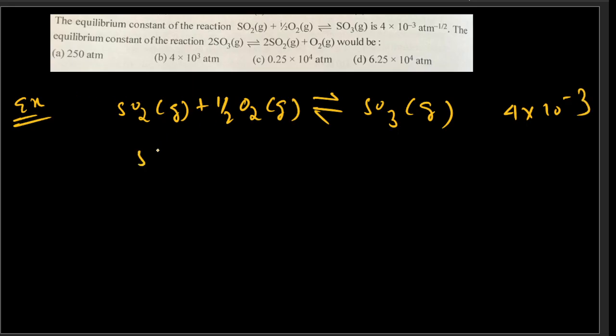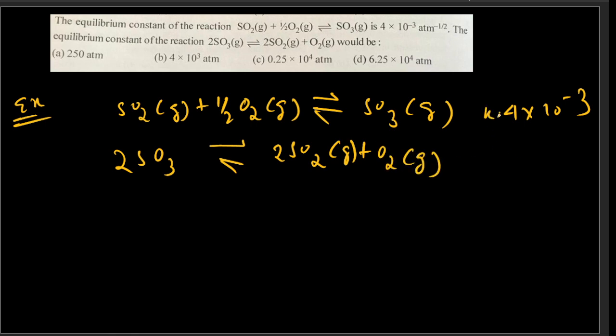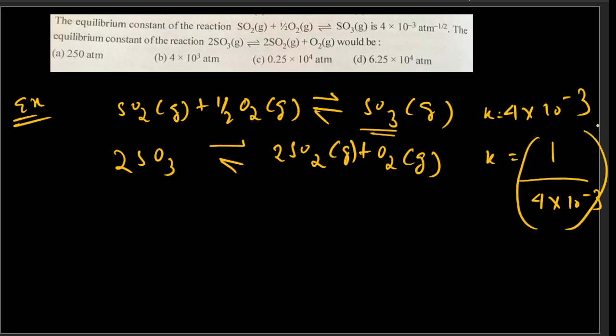They ask for the reverse reaction, SO3 giving SO2 plus half O2, scaled by 2. So they basically just reversed it. If the chemical equation is reversed, then the constant gets inverted. So first invert, 1 by 4 into 10 raised to minus 3, and they multiplied by 2 to each factor, so it gets power 2.